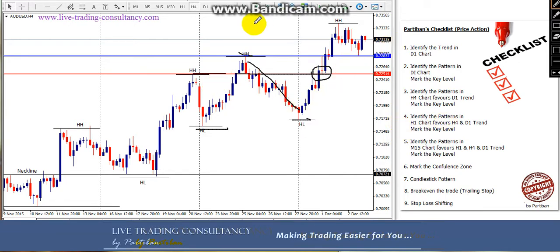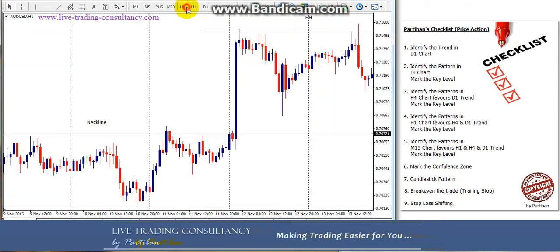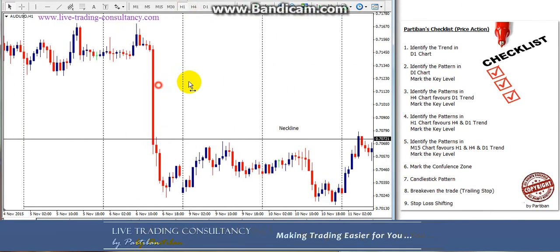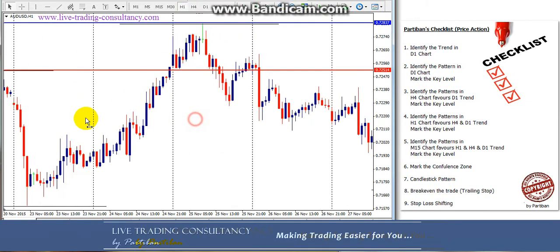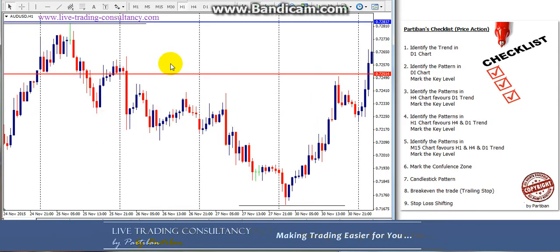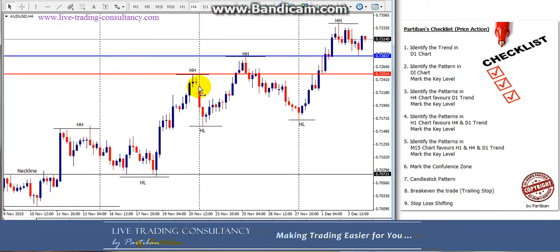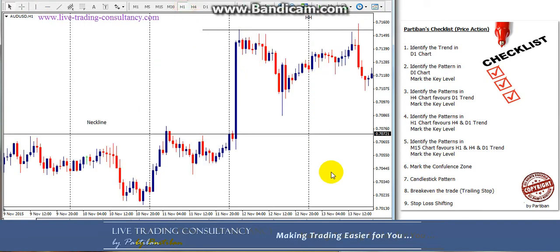Once you see the H4 setup, I'll go to H1, which is over here. Let me mark a vertical line over here. Okay, H1.